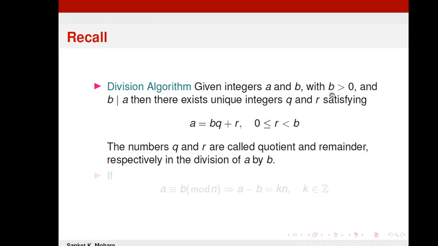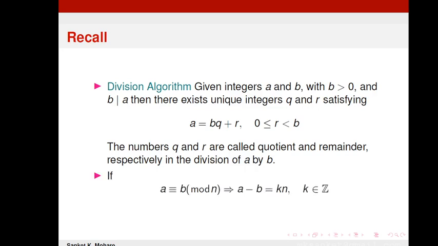So for any positive integer b and any integer a, a can be expressed as bq plus r, where q and r are unique integers and r lies between 0 and b, or r may be 0. This q is called the quotient and r is called the remainder. The numbers q and r are called quotient and remainder respectively in the division of a by b. So this is the division algorithm.